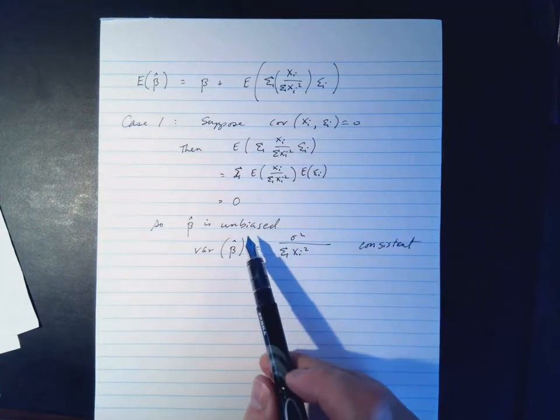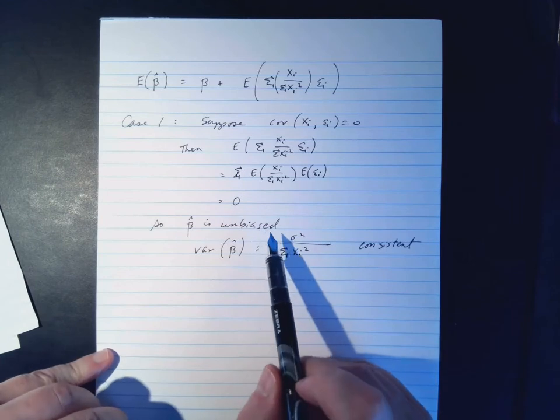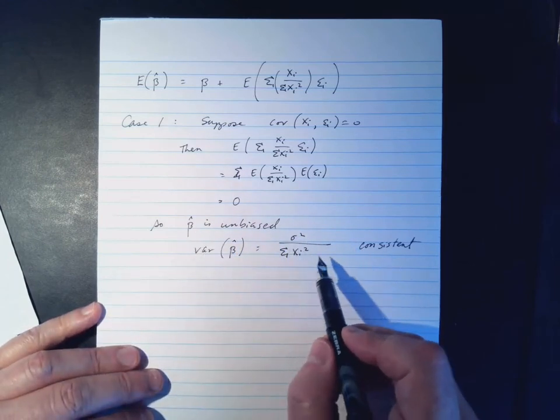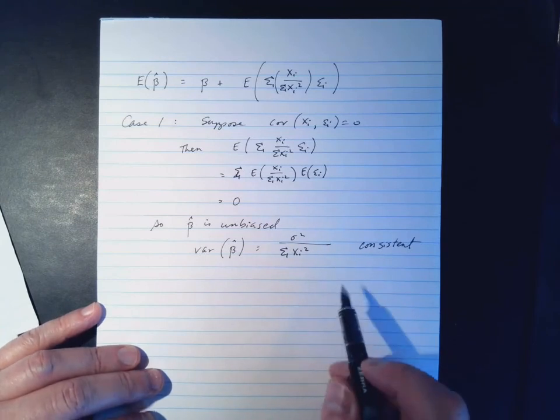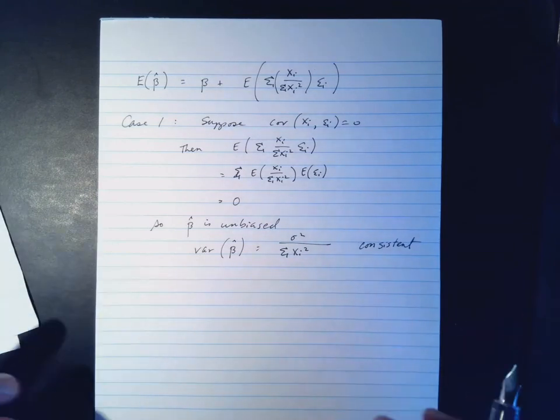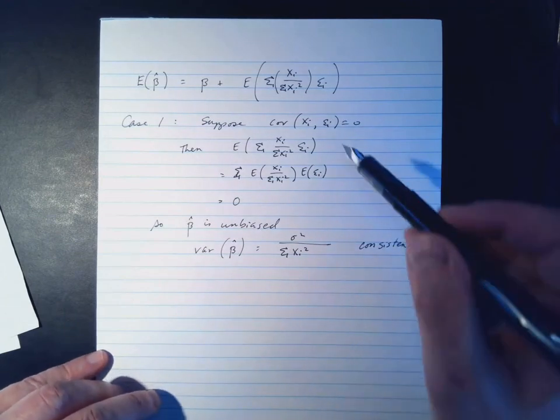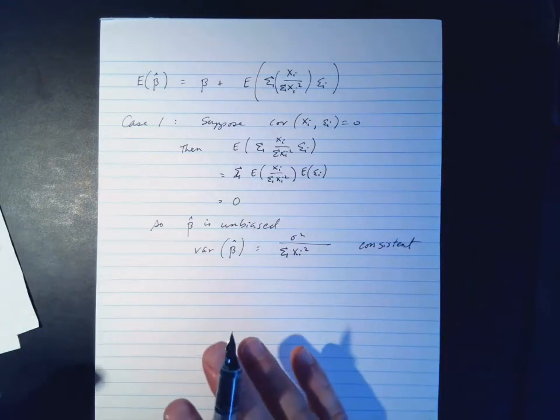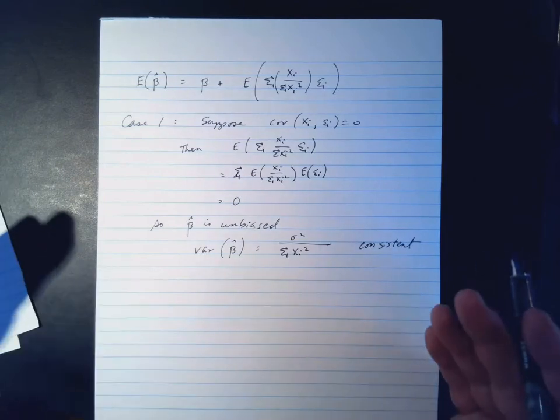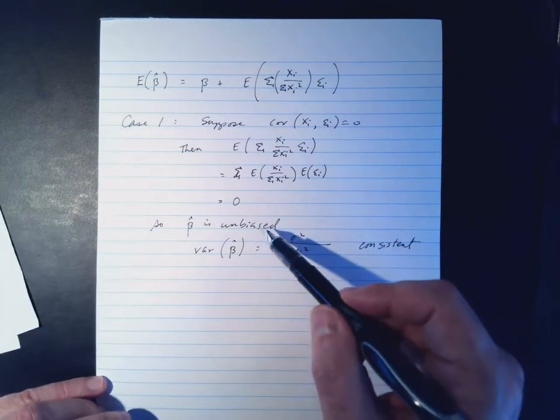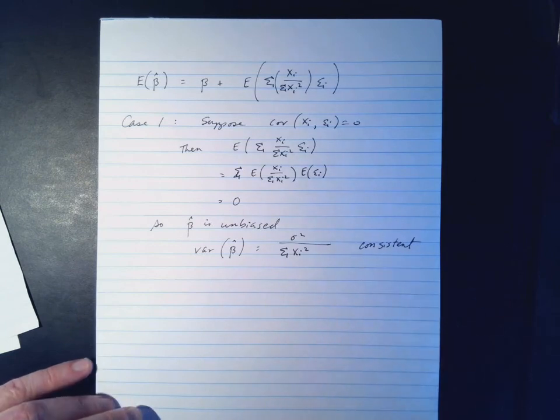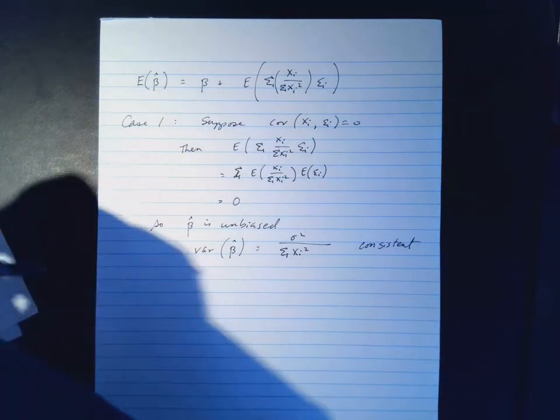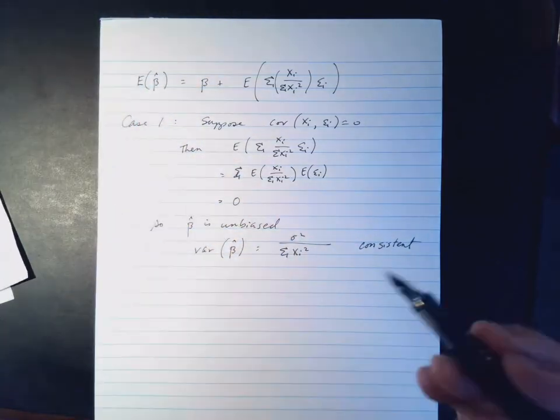So we have an unbiased value of beta hat and a consistent variance estimator, which in other words means go ahead and use OLS in that case. It's like the heteroscedasticity case where we use White's correction, and then we have an unbiased slope coefficient and a consistent estimator of the variance.